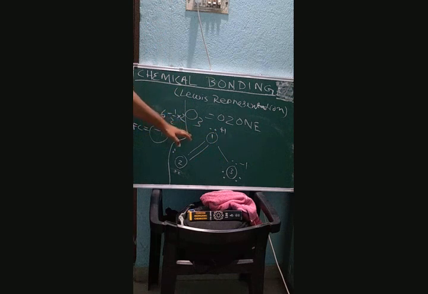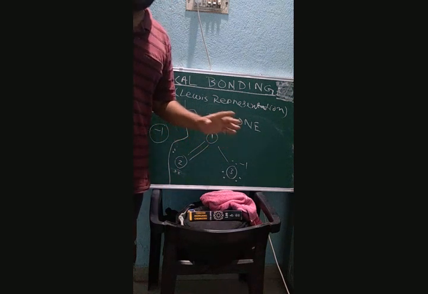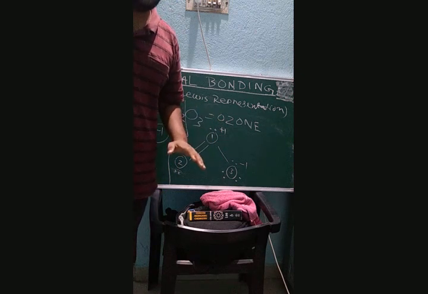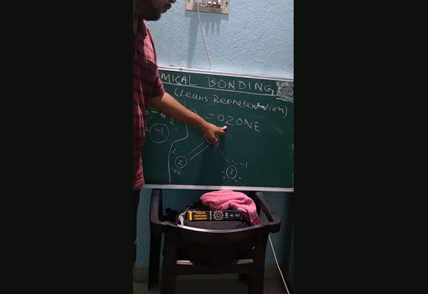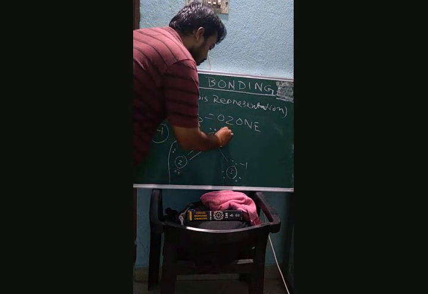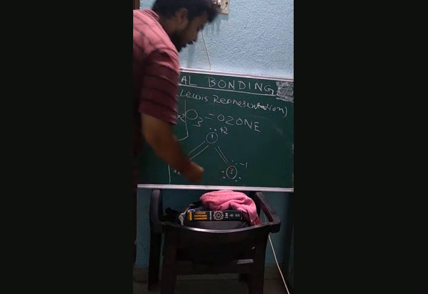So the purpose of calculating formal charge is that the Lewis structure should have the minimum formal charge on all the atoms. Suppose the formal charge of this oxygen could be 2, meaning there is one more bond.